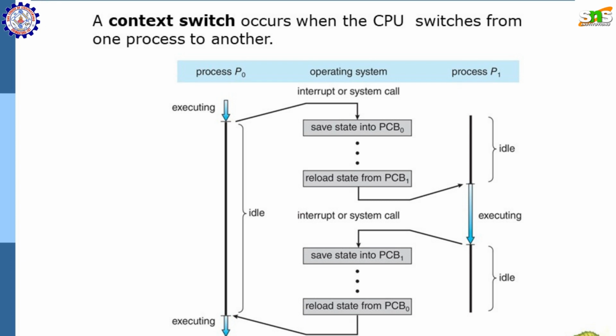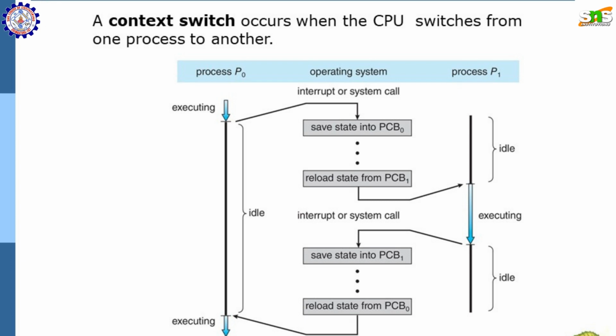Then the current state of process P0 is saved in its process control block and it moves to the waiting state. So now process P0 is in the idle state, and the CPU reloads process P1, whose state is now the execution state.